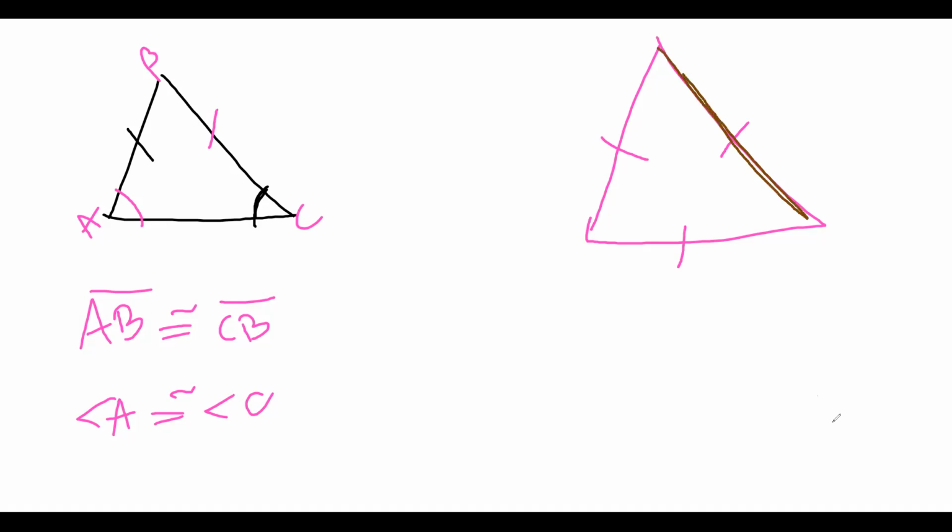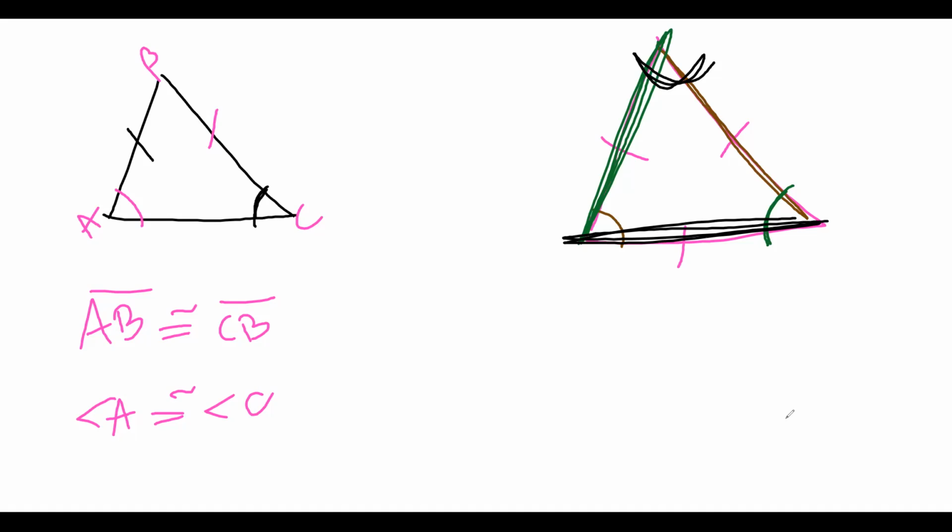For this side, it has this angle. And for this side, here you have this opposite angle. And for this side here, this is its opposite angle. Is it right? Yes, teacher, this is in the equilateral triangle.